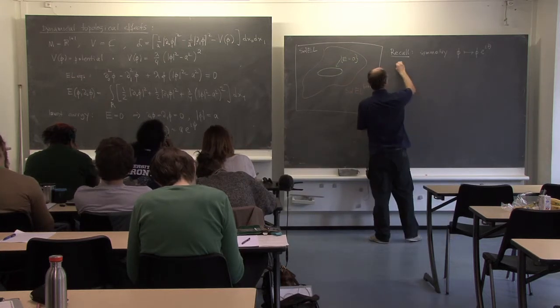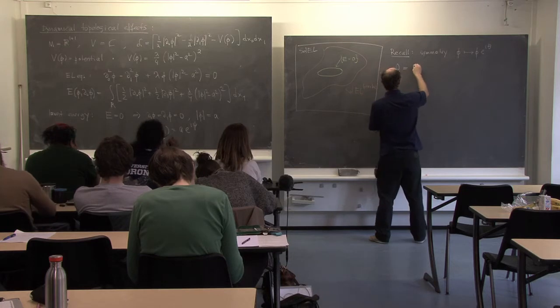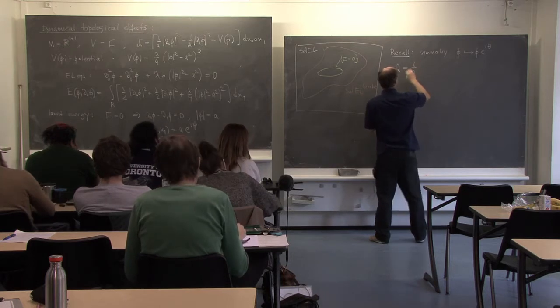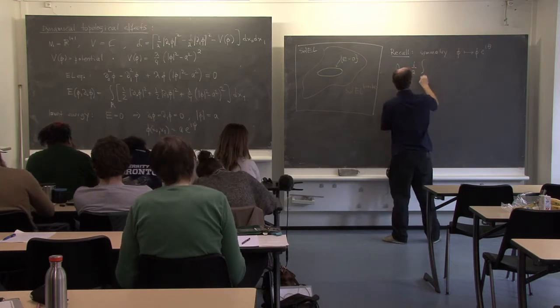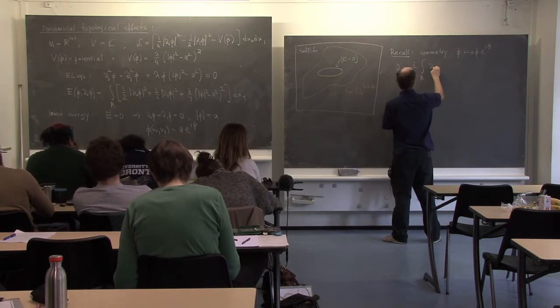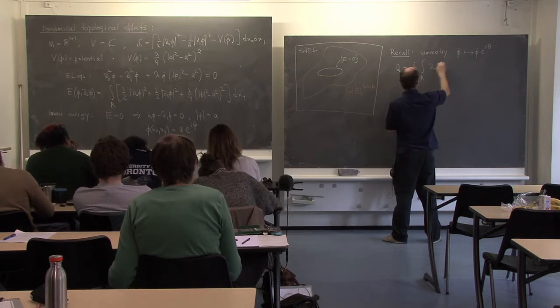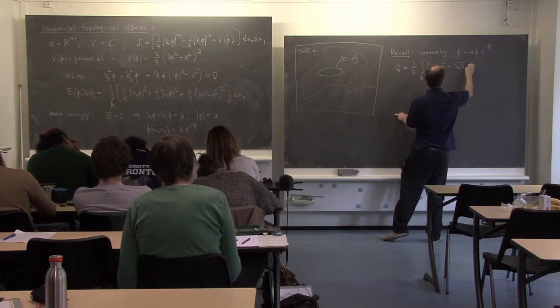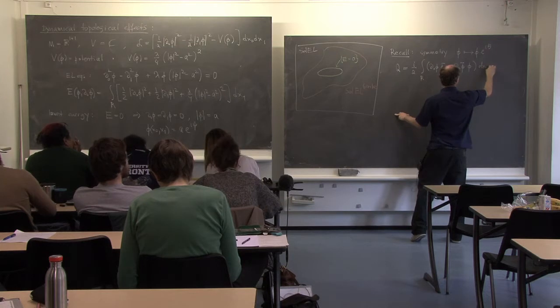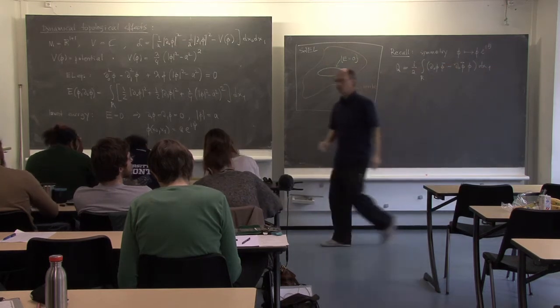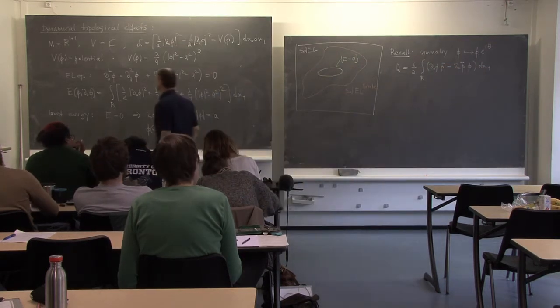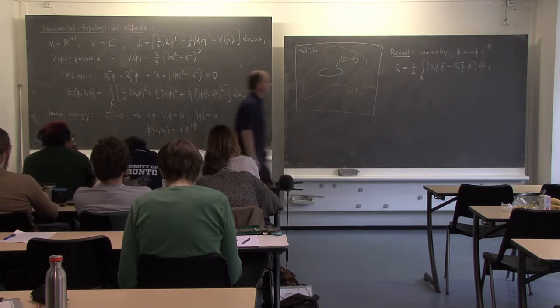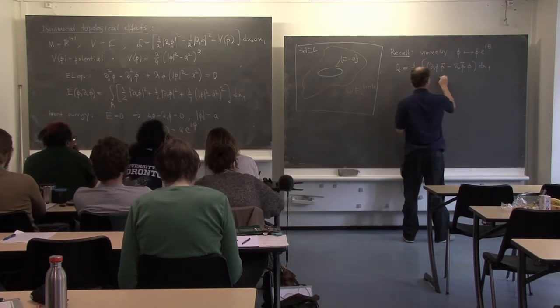So the corresponding charge is the integral over R, if I'm not mistaken, of the time derivative of phi bar times phi minus phi bar times the time derivative of phi, dx1. That's the Noether charge which corresponds to this symmetry.